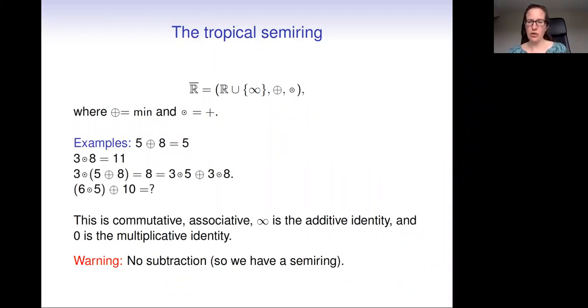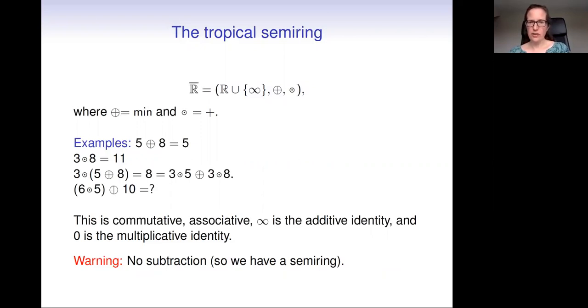So we're missing subtraction, and a semi-ring is something that satisfies all of the axioms of a ring except that addition is a monoid instead of a group. Okay, so that's the tropical semi-ring.